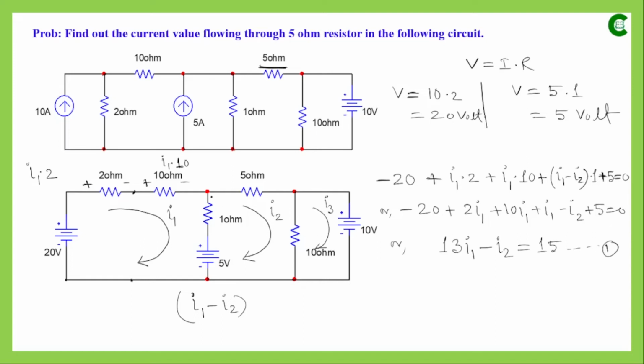Suppose we start traversing from this point in the second loop and follow the direction of the current, which is flowing in the clockwise direction, so we also move clockwise. The first component we come across is this 5 ohm resistance, and the voltage drop for that resistance is I2 multiplied by 5, and then we have this next component.